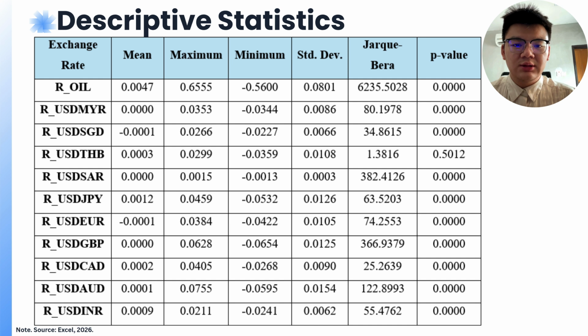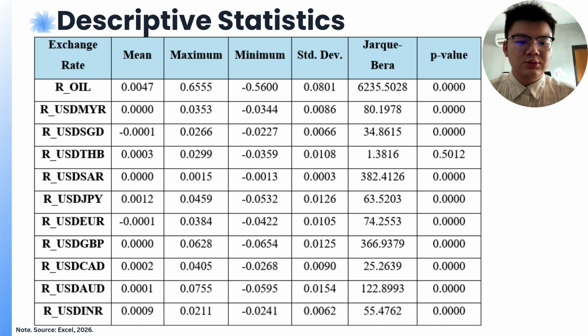nearly all of the data presents a zero p-value, except the currency rate of USD per Thai baht. The p-value is above 0.05, so we can accept the normality.